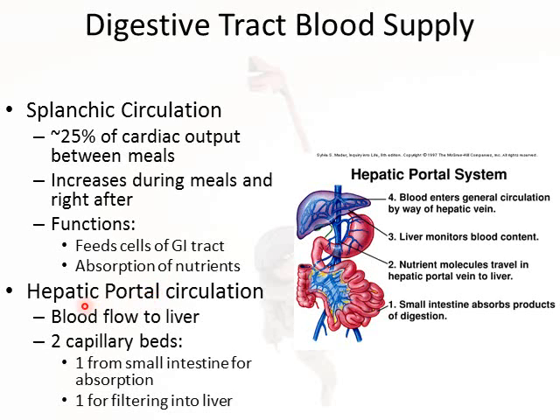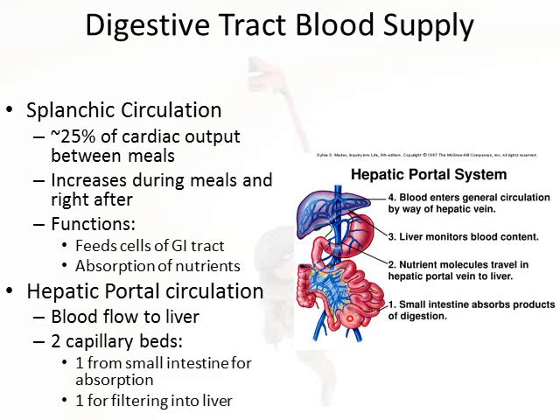And then this is where the hepatic portal circulation is. We've talked about portal circulation before when we talked about the hypothalamus and the anterior pituitary gland. But the deal with any portal circulation system is you have 2 capillary beds, right? We talked about that before, so that's not the normal setup. So this is really how we get blood flow to the liver. You can see here, the first step is the capillary beds that are surrounding the GI tract and the small intestine, where most nutrients are absorbed.